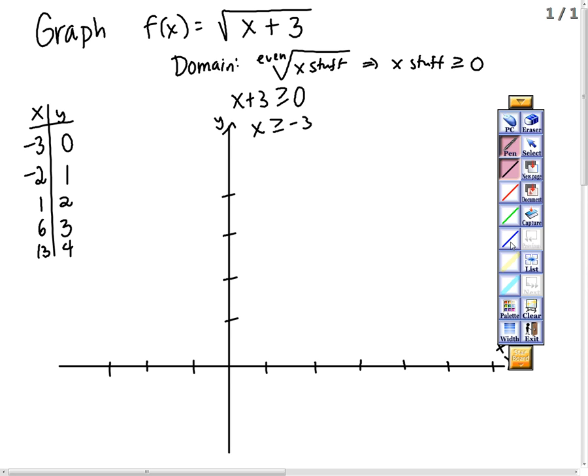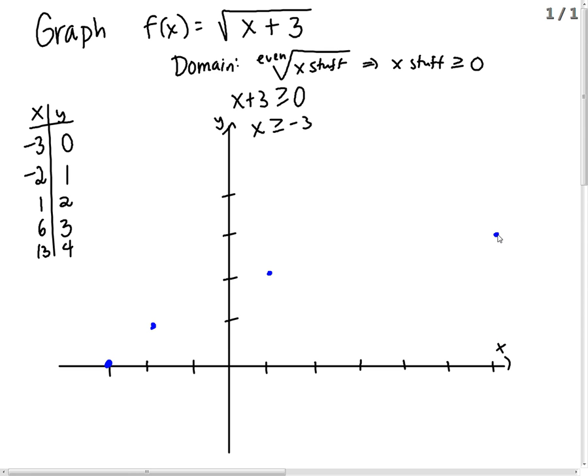Okay, so I'm just going to go ahead and start plotting these points. Plug in negative 3, 0. Negative 2, 1. 1, 2. 1, 2, 3, 4, 5, 6, 3, and I can connect this.